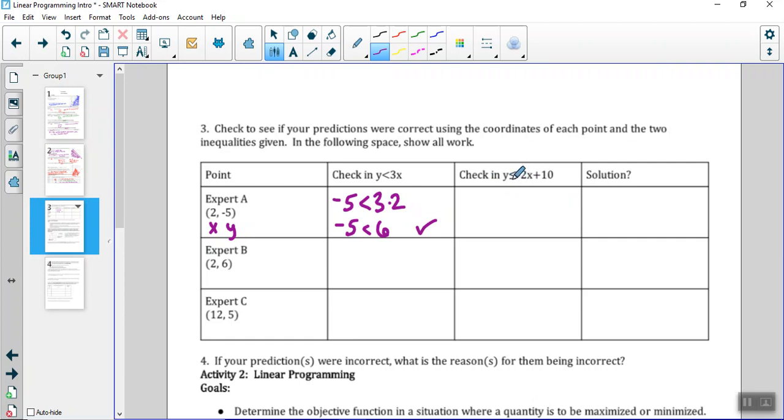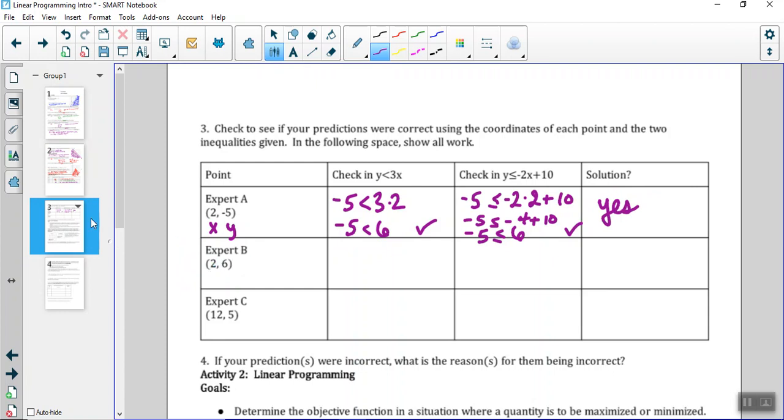Now over here, for y, I put -5 is less than or equal to -2 times 2 plus 10. So I get -5 is less than or equal to -4 plus 10, and -5 is less than or equal to 6, which also checks out. So since it works in both inequalities, we can say yes, it's a solution.